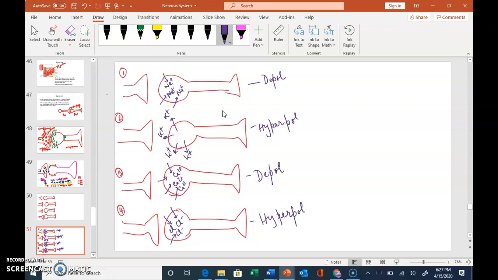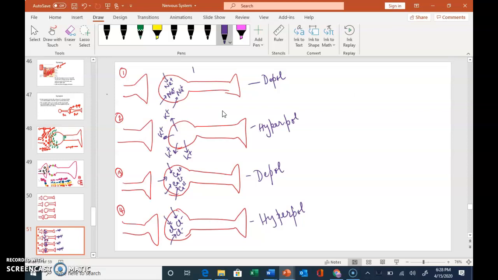Okay? All right. Now, listen very carefully. No matter whether we have sodium coming in, potassium going out, calcium coming in, or chloride coming in, all this depolarization or hyperpolarization that we are looking at in all four cases is only happening in the soma or the cell body, right? And this can also happen in the dendrites.